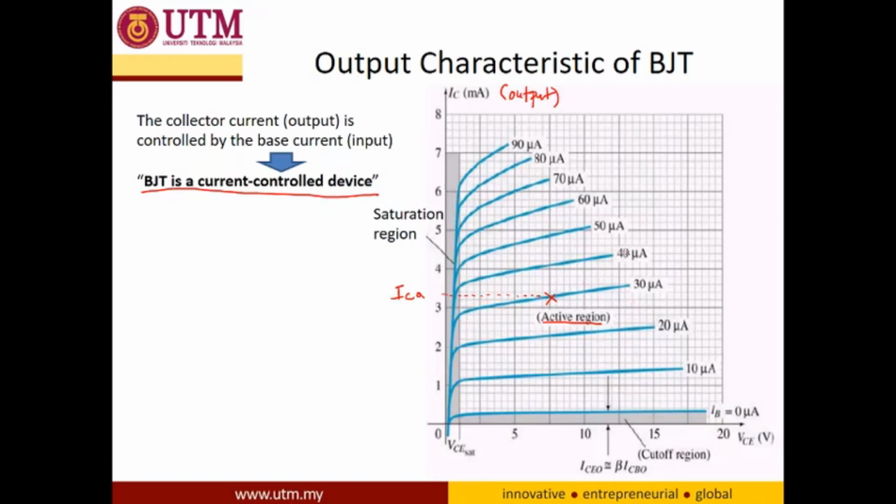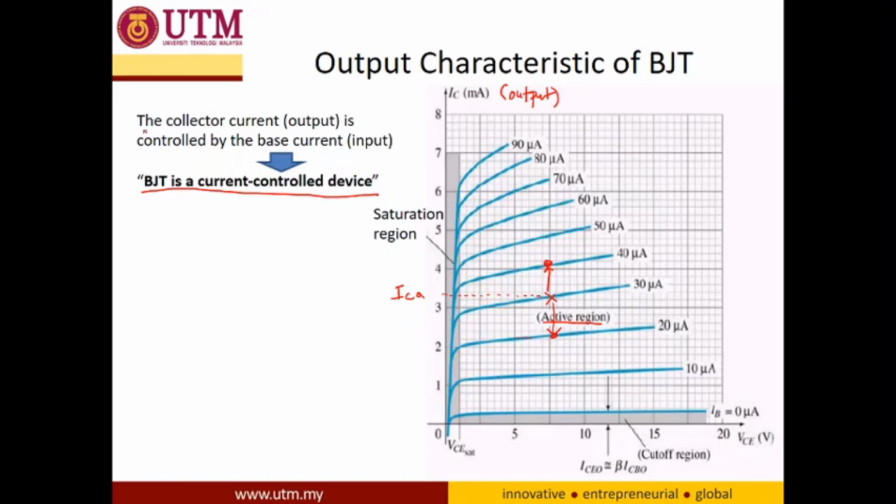Let's say we change IB to 40 microampere. The current will increase to this point, so we have a collector current of around 4 milliampere. If the base current decreases to 20 microampere, now we have around 2 milliampere collector current.